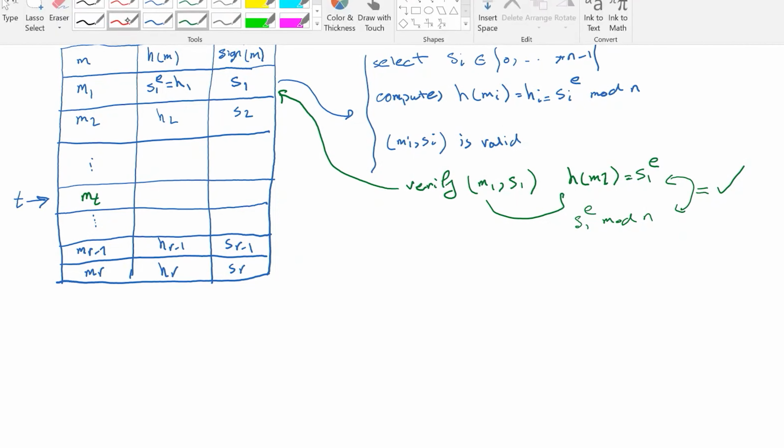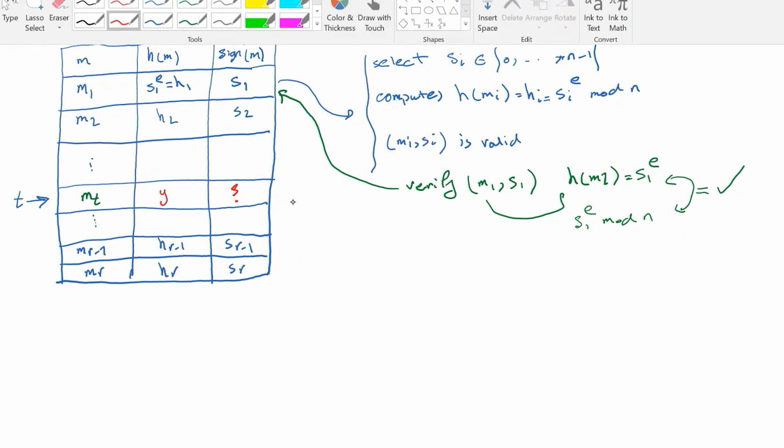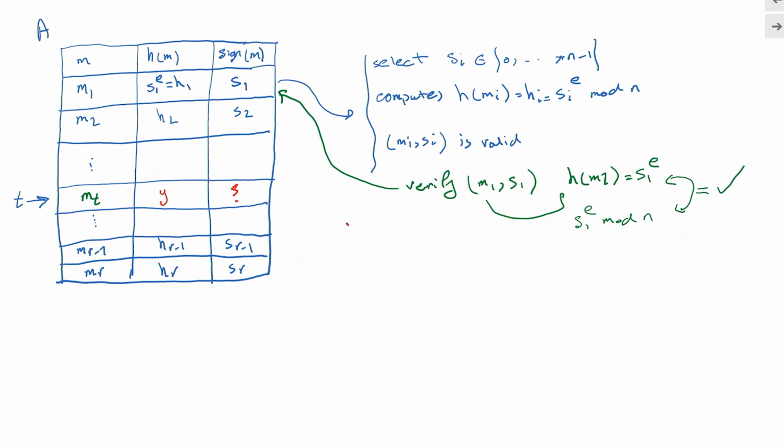So we embed our hard assumption over here. We set this one to be y, and this one is a question mark. We don't know. We are hoping that the forger is going to forge this message M and then return us some S, right?